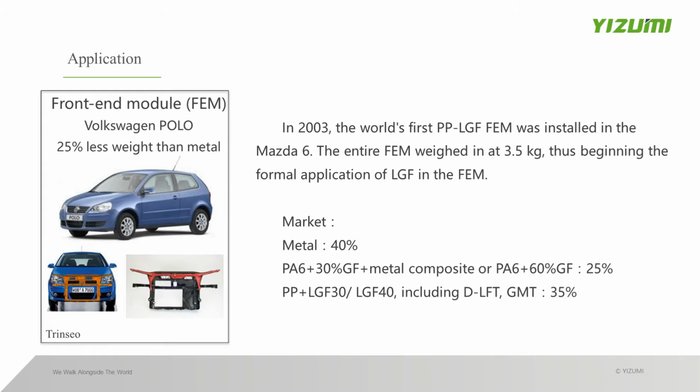The entire front end module weighs just 3.5 kilograms; if we used steel, it would be maybe almost 4 to 4.5 kilograms. Thus, it was the beginning of formal application of long glass fiber in front end modules.